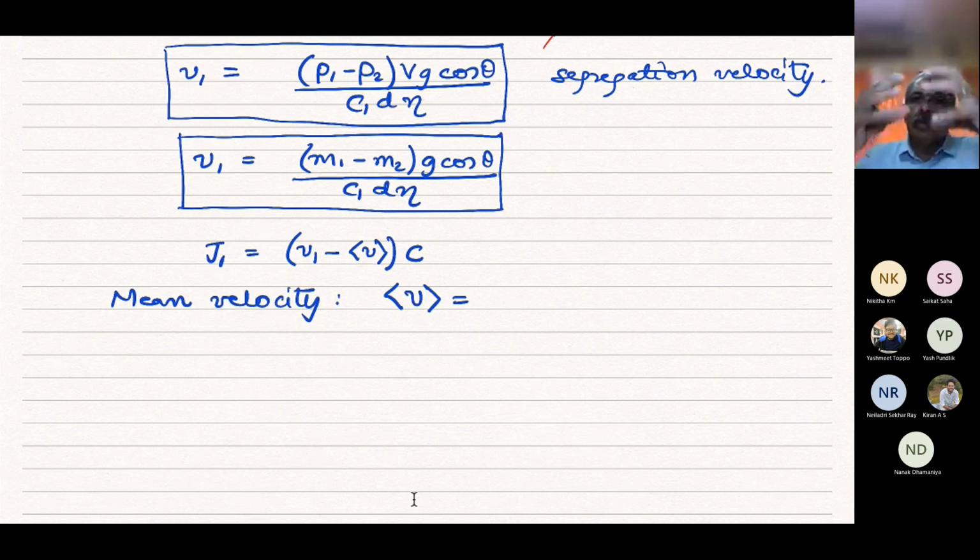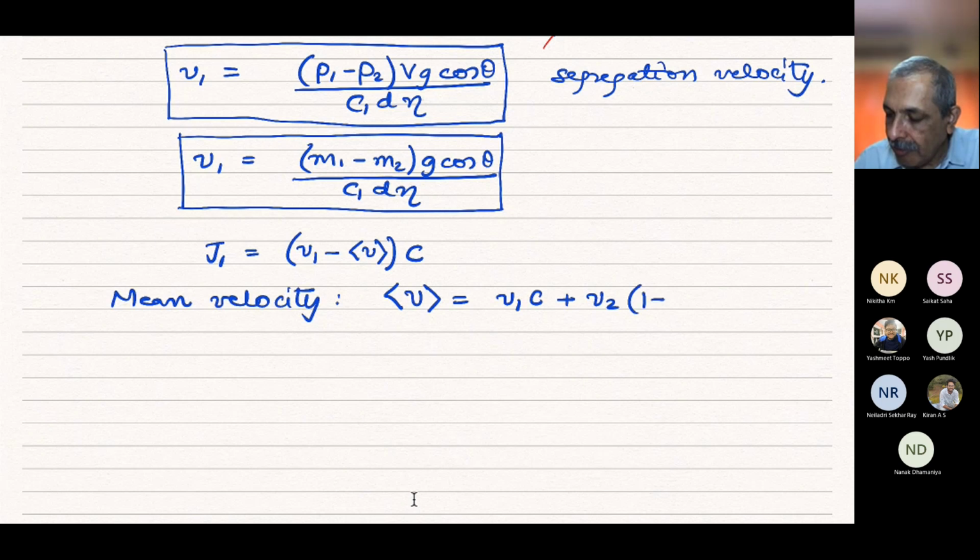So what you can imagine is that this particle is moving downward, but if you want to maintain the density, then all the other particles have to move up. So you basically have V is just equal to V1 times C plus V2 into 1 minus C. But since it's just a single particle moving, the upward velocity of the type 2 particles is almost equal to 0.